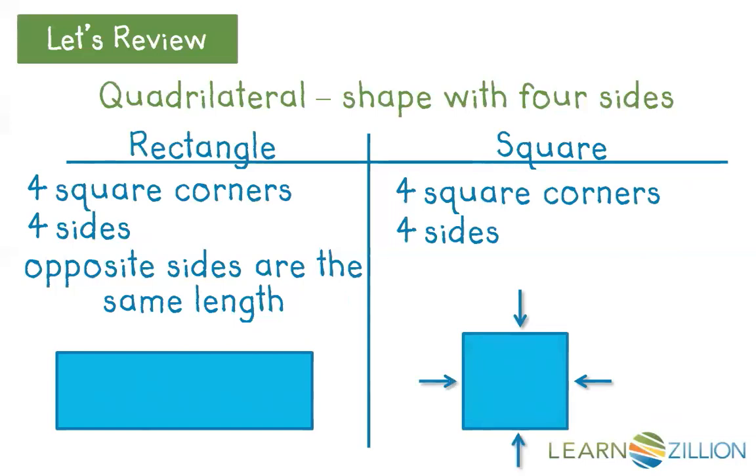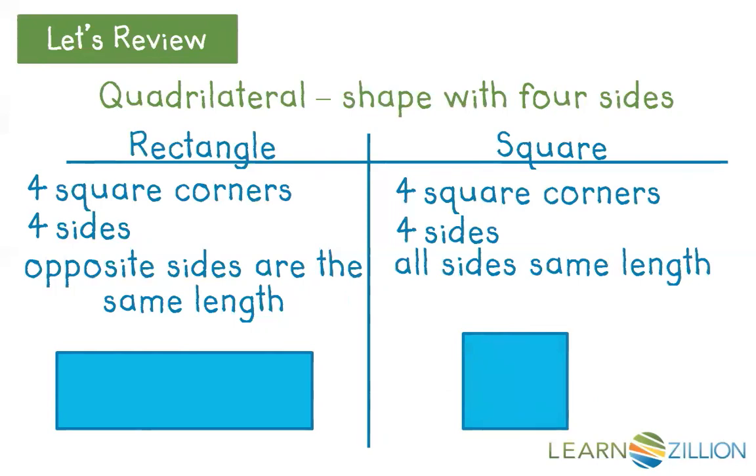It has 4 sides. All sides are the same length. If we look at all these attributes, the only one that is different between these 2 quadrilaterals is the length of the sides.